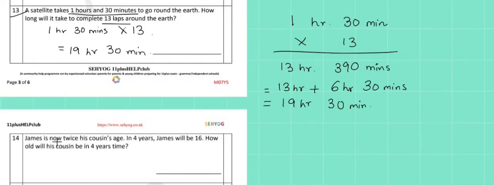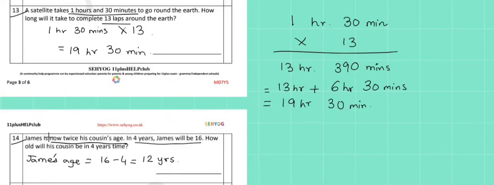In question number 14, James is now twice his cousin's age. In 4 years, James will be 16. So in 4 years, if James will be 16, what is James' current age? So James' current age is 4 years less than 16. So 16 minus 4, that is 12 years.